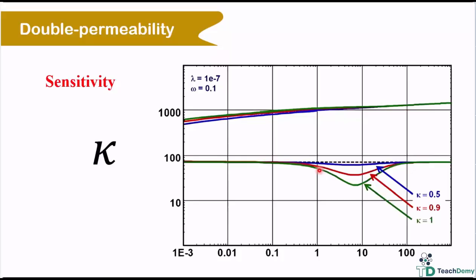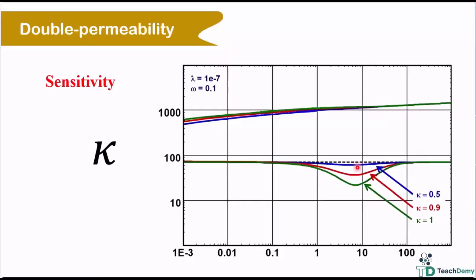The kappa parameter is specific to the double permeability model and controls mainly the depth of the valley in the transition region. The larger the kappa, the deeper the valley, and the smaller the kappa, the shallower the valley. However, kappa has little effect on the timing of when the transition starts or ends.